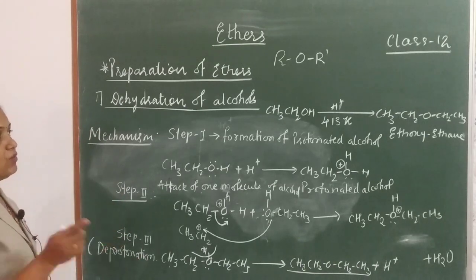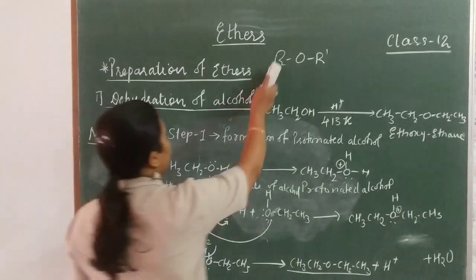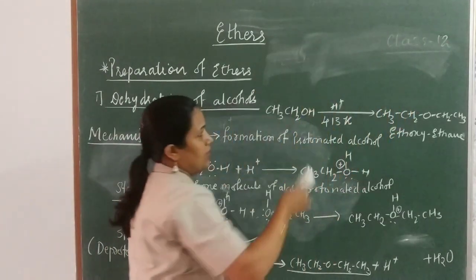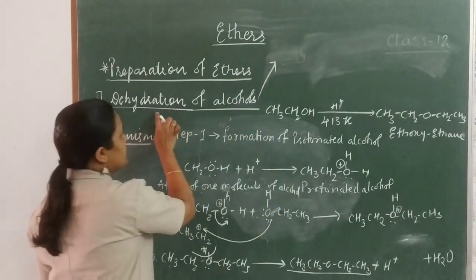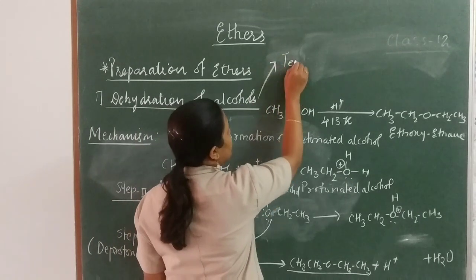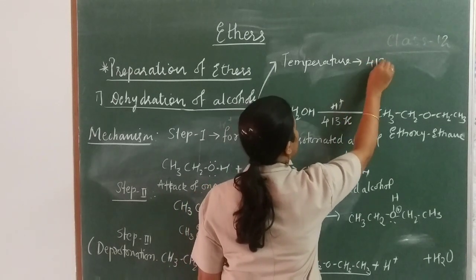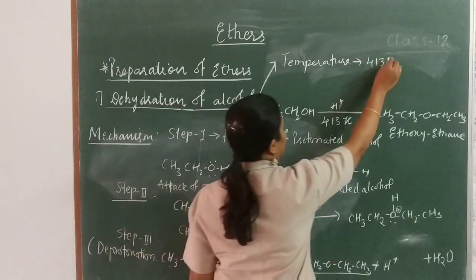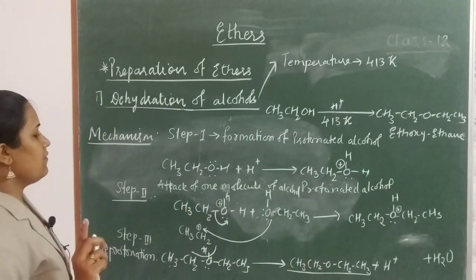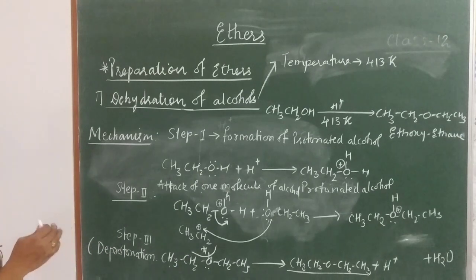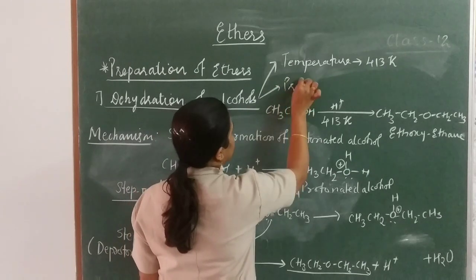So in dehydration of alcohols, 2-3 things are very important which we need to keep in mind. First, for this dehydration of alcohol, the temperature should be maintained, and that temperature should be 413 Kelvin. The second thing is primary alcohols.